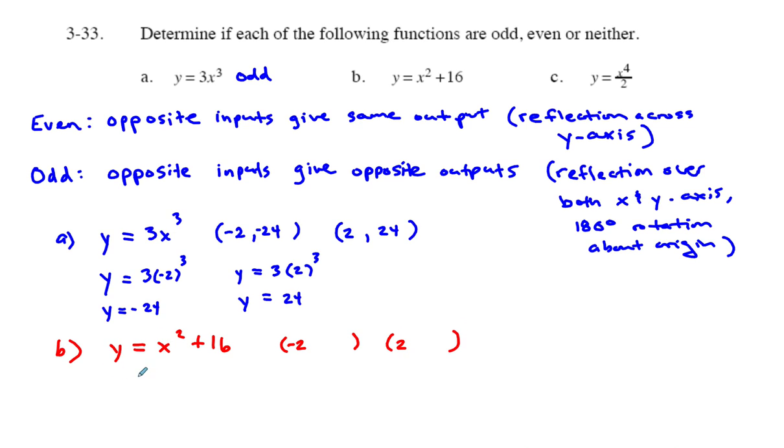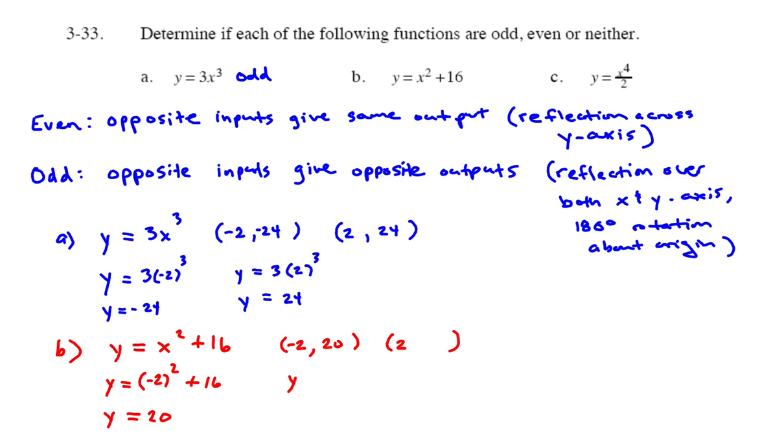Please make sure you put parentheses around your -2 when you put it in as an input. That would go as 4, so y would equal 20. So -2 is giving us an output of 20.